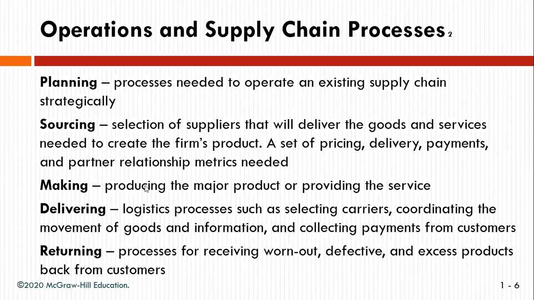So even in companies, you always have to be planning according to the strategy that is built. The second part that you need to know is the sourcing: selecting the supplier that will deliver the goods and services needed to create the firm's product, and a set of pricing, delivery, payment, and partnership metrics needed.